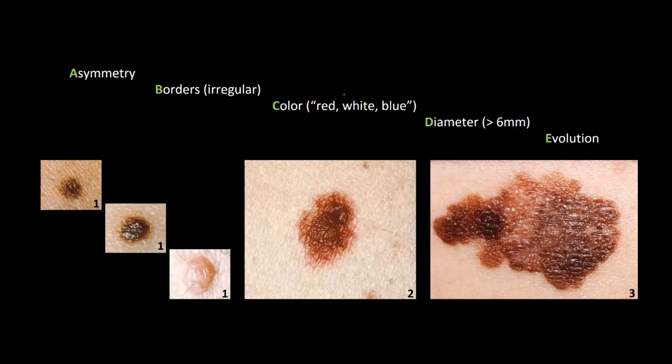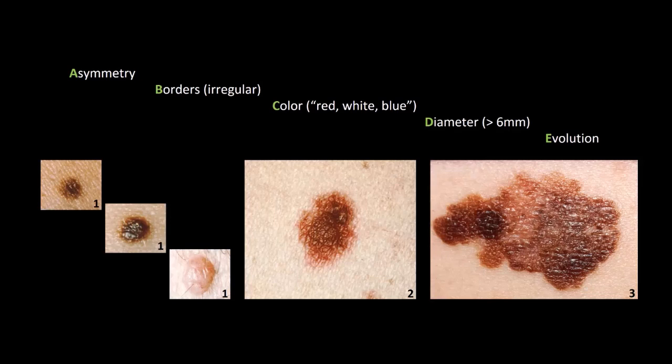However, because this is such an easy mnemonic to keep at the back of your mind, if you do come across a pigmented lesion with one or more of these red flag features, it's worth a second look, either by getting a trained eye to take another look, or even potentially taking a biopsy, a sample of the lesion to look at histologically.